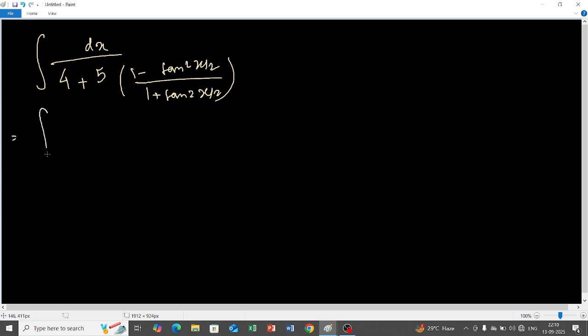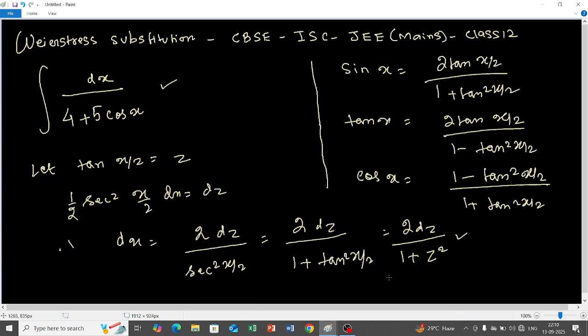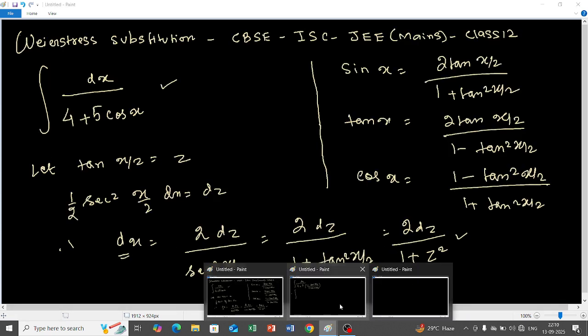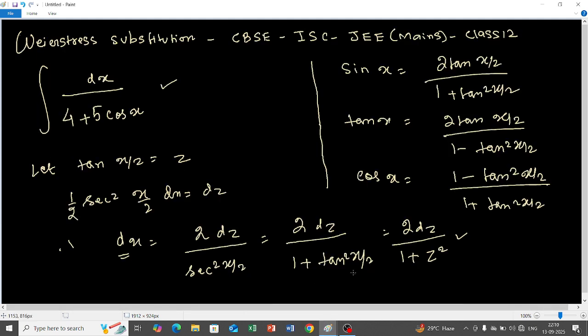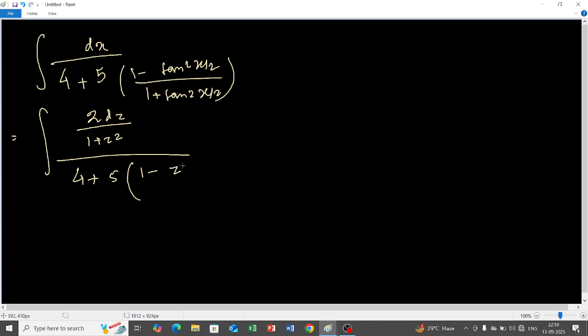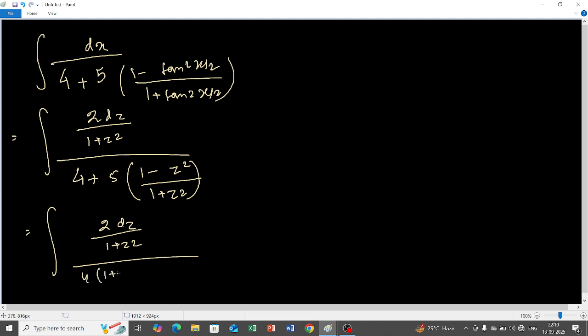Now we can put our substitution: dx is 2 dz by 1 plus z square, divided by 4 plus 5 into 1 minus z square by 1 plus z square. That becomes 2 dz by 1 plus z square whole divided by 4 into 1 plus z square plus 5 into 1 minus z square, all divided by 1 plus z square. This 1 plus z square gets cancelled out.